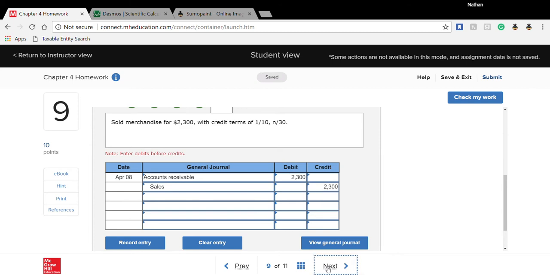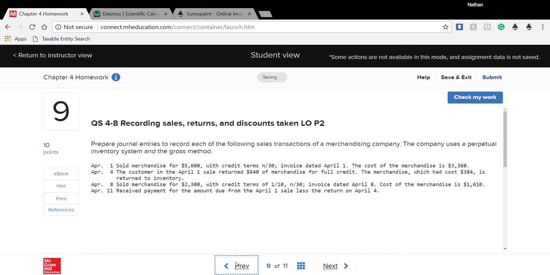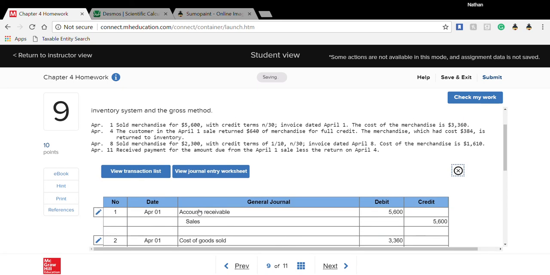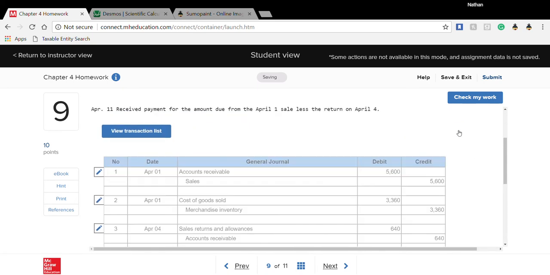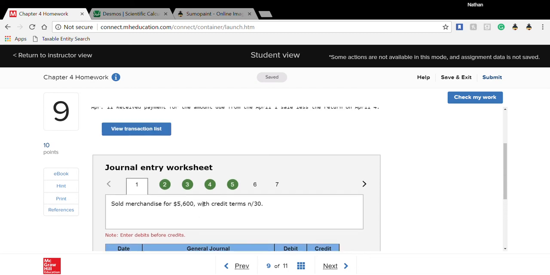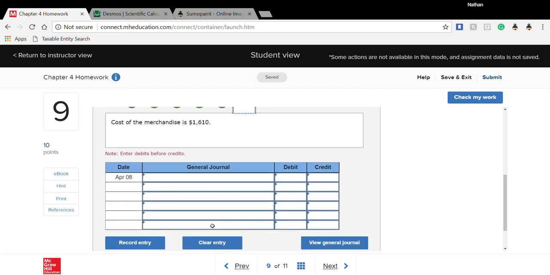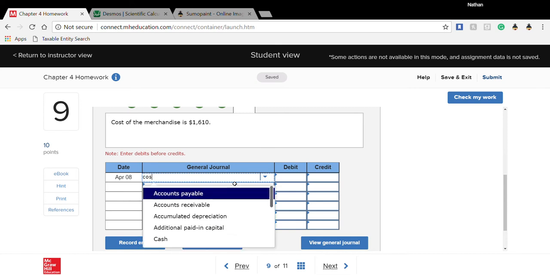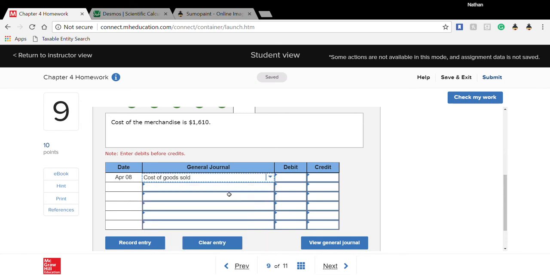Oops, I hit next by accident. Always watch out what you do with Connect. Alright, going to question 6. Now we record the cost of merchandise. Same thing as number 2 in this problem. So cost of goods sold, merchandise inventory for the same amount. So 1,610 for the cost that's actually associated. Alright.